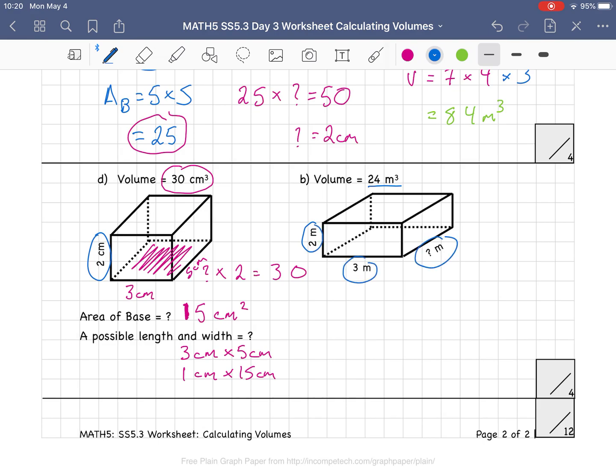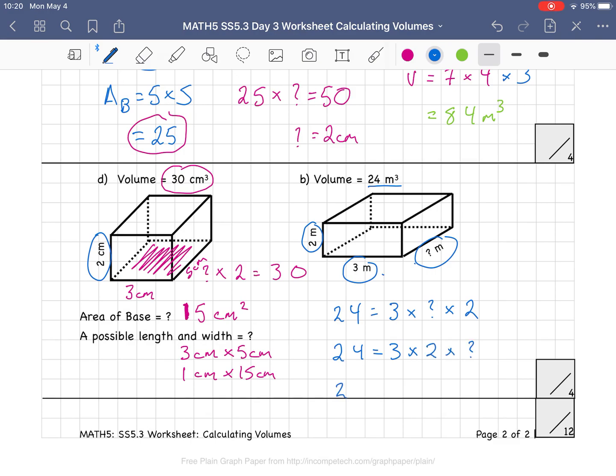Now here we have the volume is 24. We know the height, we know this, we're asked to find this. So 3 times what times 2 will give us 24.